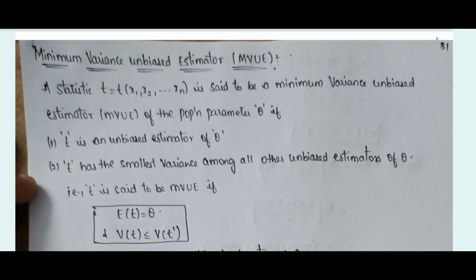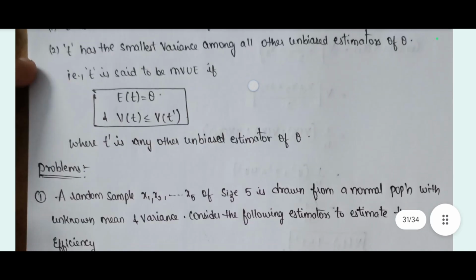Second condition, t has the smallest variance among all the other unbiased estimators of theta. So obviously the expected value of t equals theta, and the variance of t is always less than or equal to the variance of t dash.